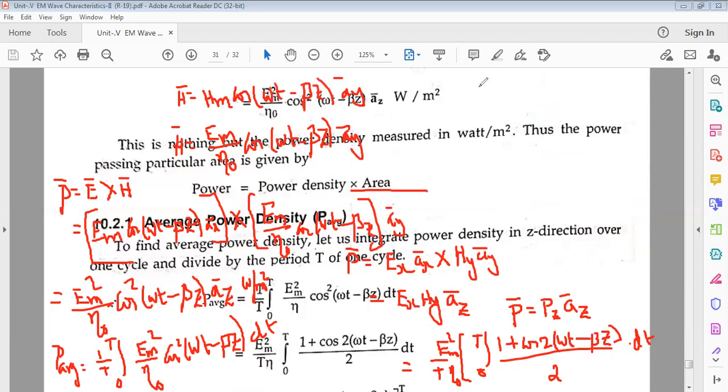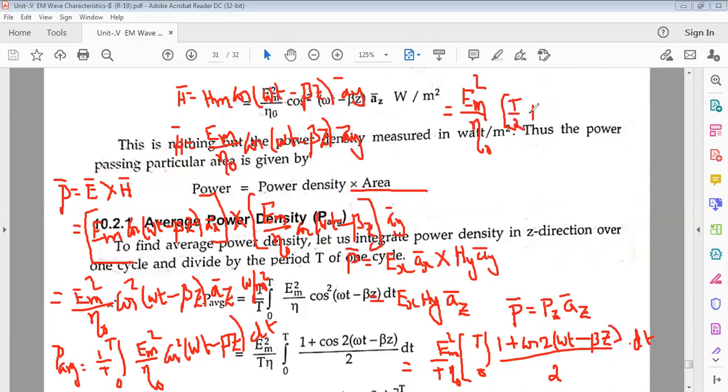So Em square by eta naught: for the first integral, we get 1 by 2 into t, with upper limit T and lower limit 0, so we get T by 2.